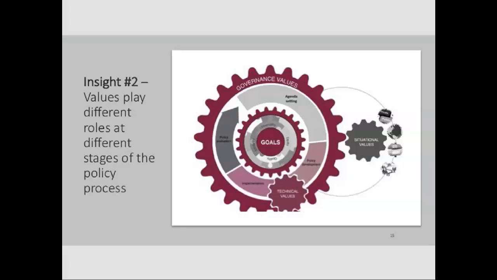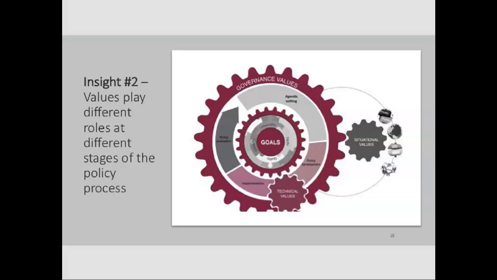We have governance values that surround the whole framework, which are values implied in the policy process. And outside of the framework are situational values, which are different things that come to be influential in the policy process. I am going to explain how those values play a role.